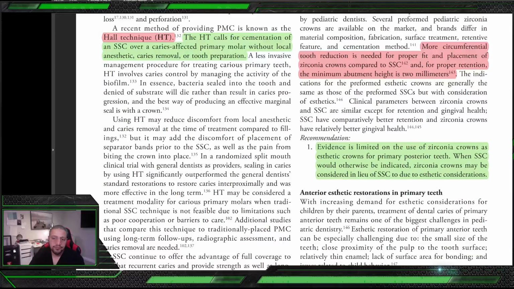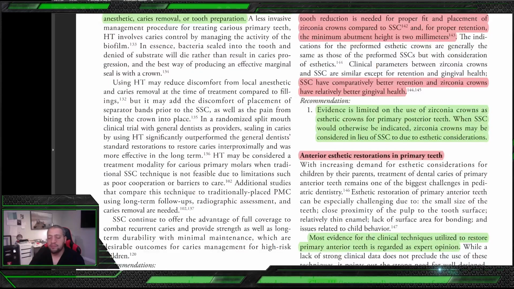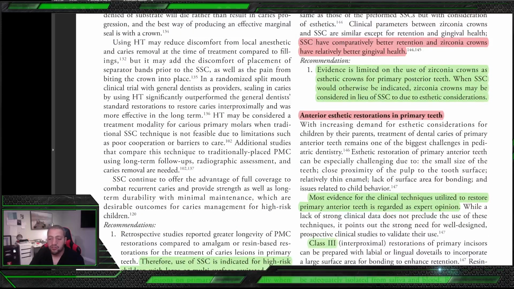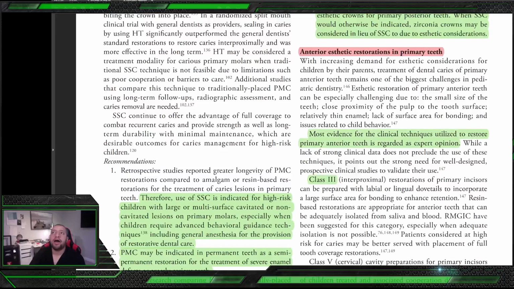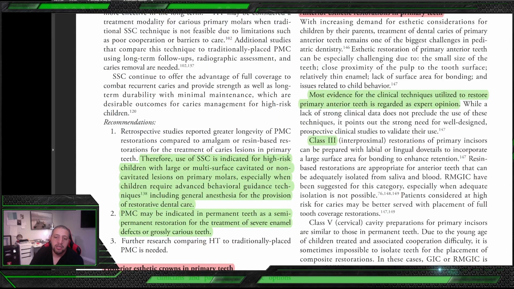Okay. And then finally, anterior aesthetic restoration in primary teeth. There is more evidence about the zirconia crown being used to restore anterior teeth, especially class 3 interproximal lesions in primary incisors, but again, you should know the limitations. If a child is 6 years old, speaking about upper anteriors, like primary A, you can just use resin modified glass ionomer or composite.